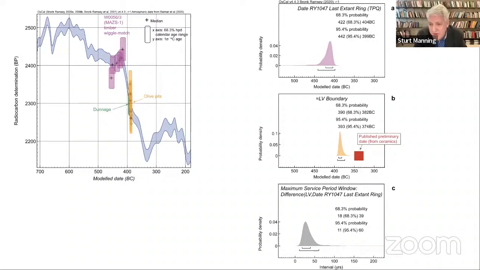So the published preliminary date from the ceramics placed it in the 3rd quarter of the 4th century. And it would seem that from the combination of the radiocarbon and the dendro chronology, the last voyage, and therefore the latest possible date for any of these ceramics, is in fact in the early part of the 4th century. And we're looking at about a 50-year difference between the established date from the amphora typology versus what we have.